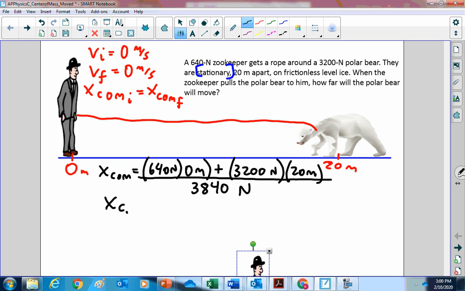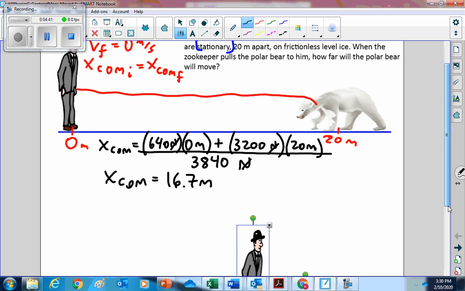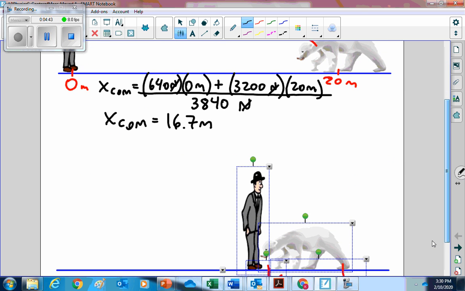So when I do that on my calculator, I end up getting 16.7 meters. Notice here, I've got newtons canceling, and then I've got meters. So now that we know that the center of mass is at 16.7, the polar bear will end up moving from 20 to that spot to get where he meets the zookeeper.